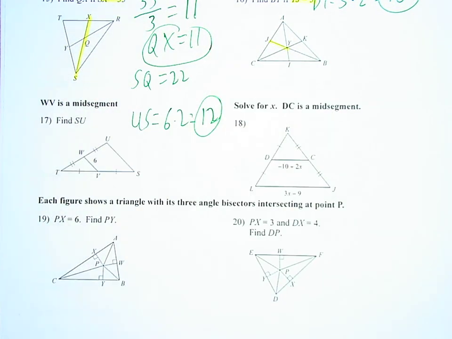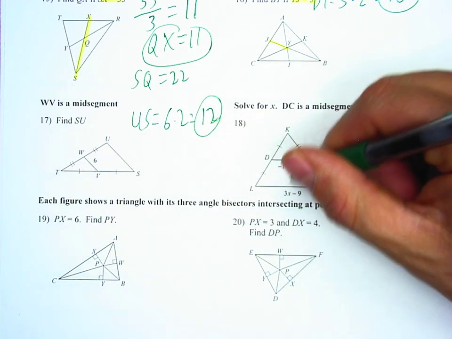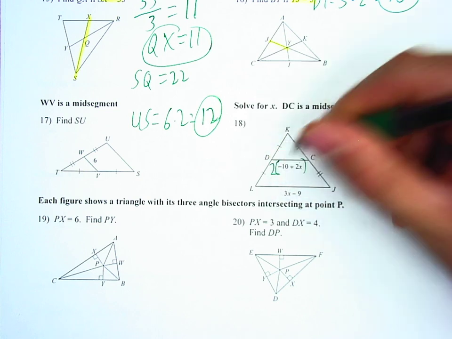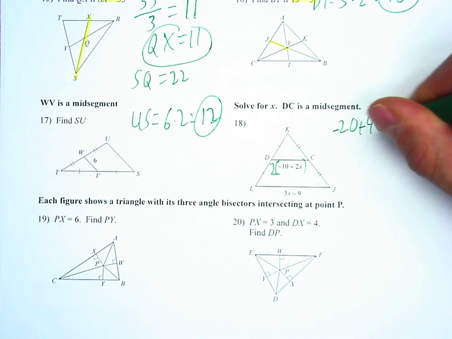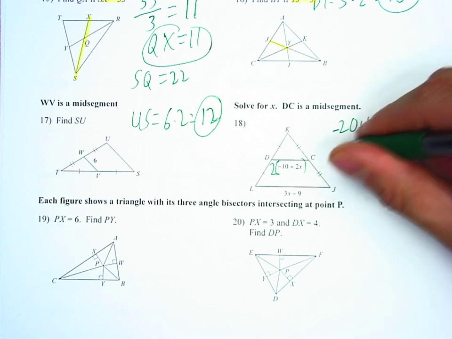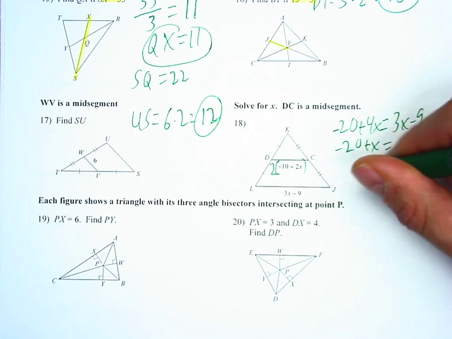So on this next one, I've got to double this value to get this value. So I can times this one by 2, which will make that into a negative 20 plus a 4x. And that will be equivalent in value to 3x minus 9. Taking 3 from 4x yields x, or 1x. And adding 20 to 9 yields 11.